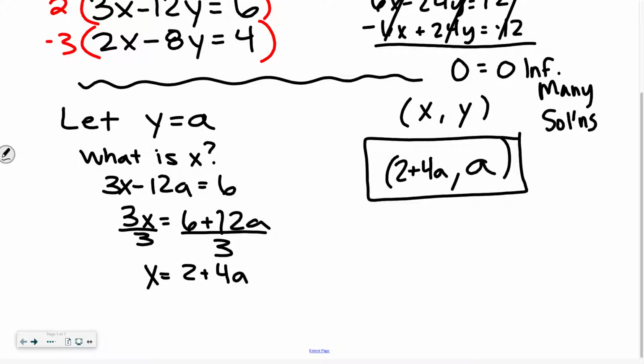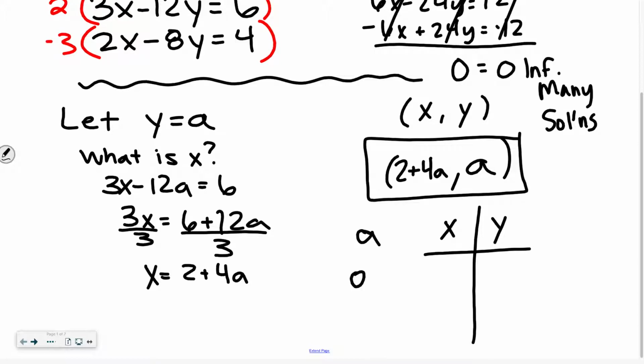Okay. But what this means is, if I generate a table of values, in order to get my x's and my y's, I actually need an A, right? So I'm going to create a table and add an A over here.